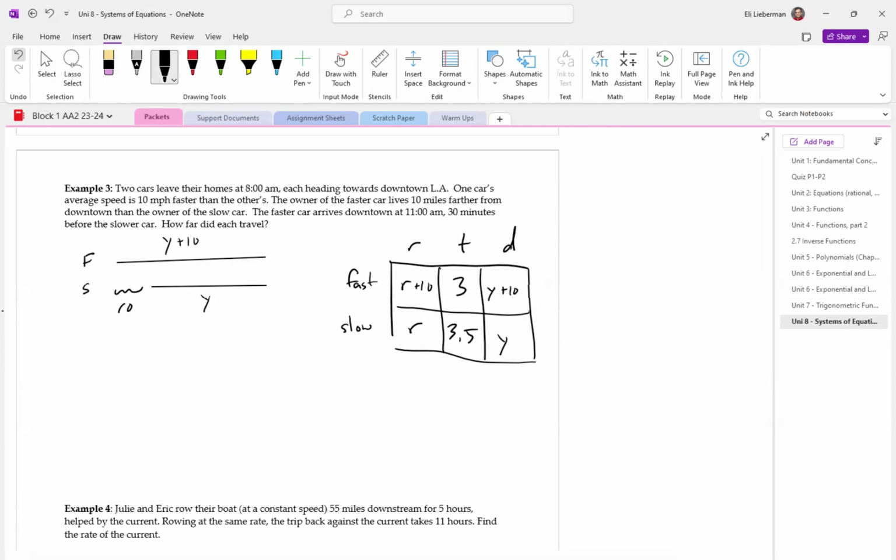Now you can use different variables. Ultimately, your answer is going to be in sentence form, so it doesn't matter.